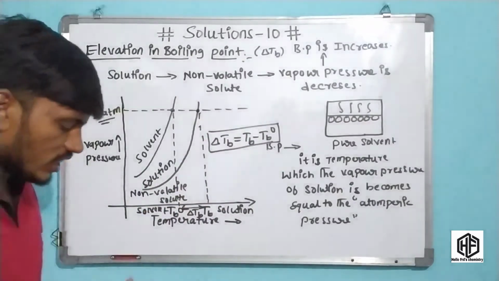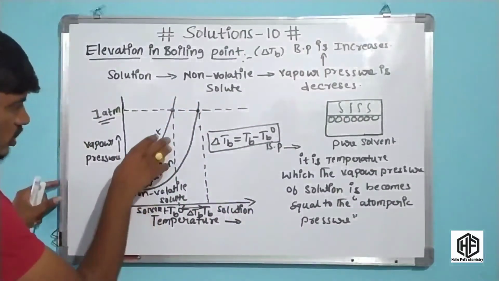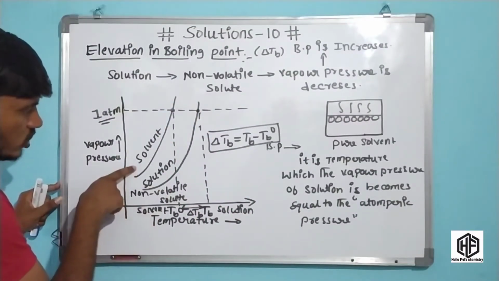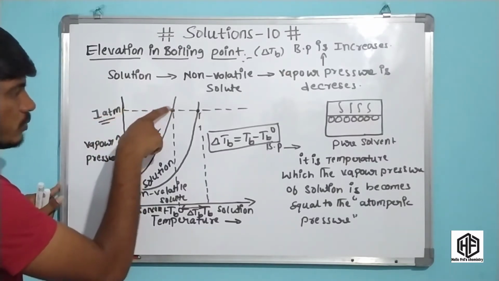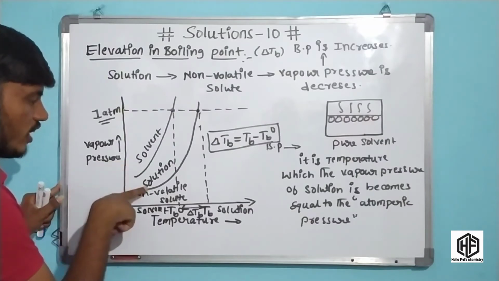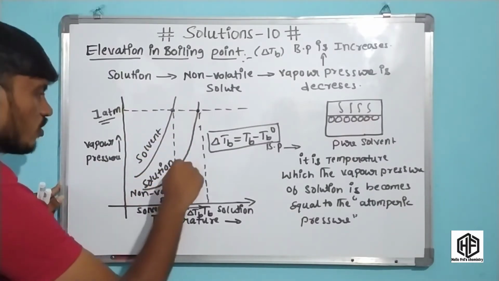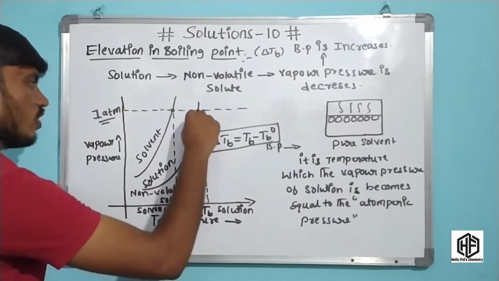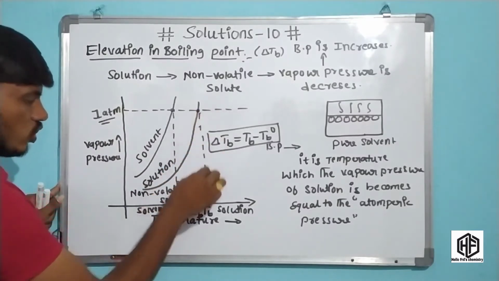Okay friends, now what is the definition of the boiling point? When the vapor pressure of the solvent becomes equal to this 1 atmosphere pressure, that is the boiling point of the solvent. When the solution vapor pressure is equal to this 1 atm, that is the solution boiling point.